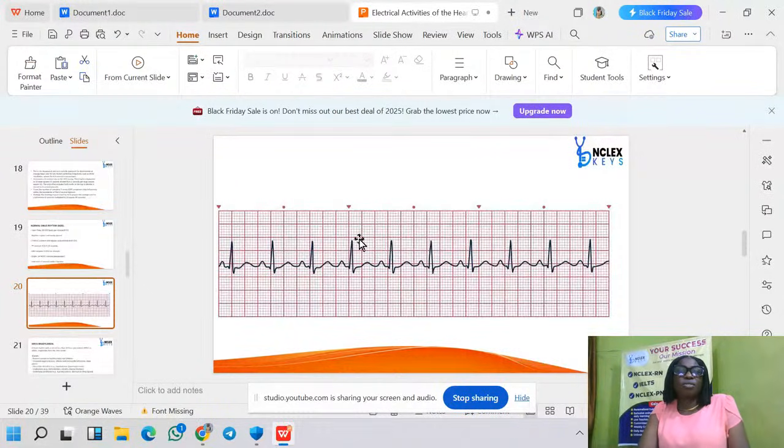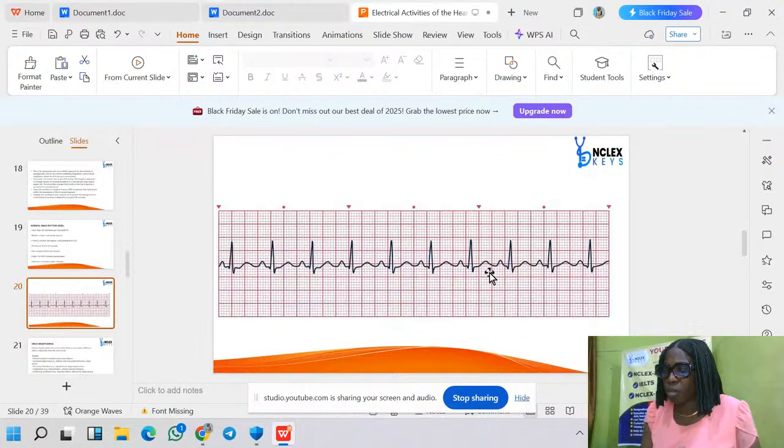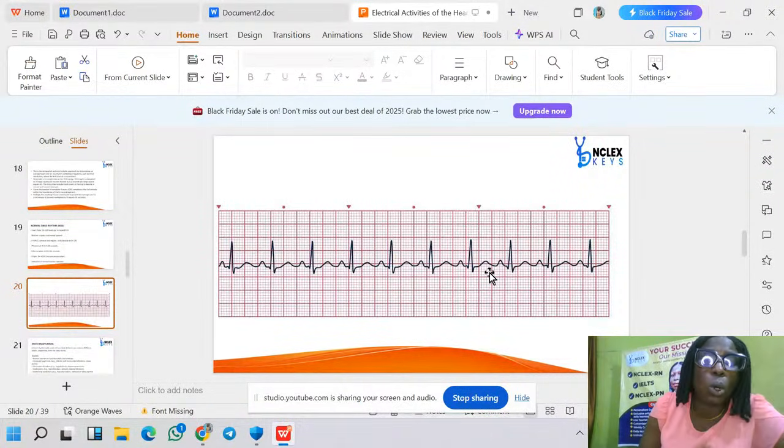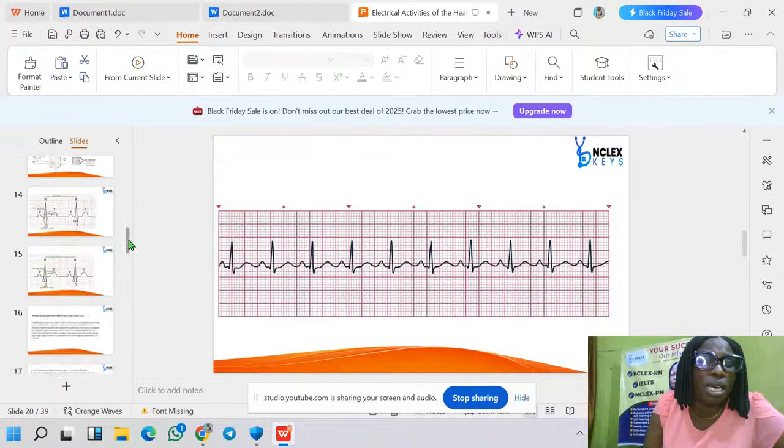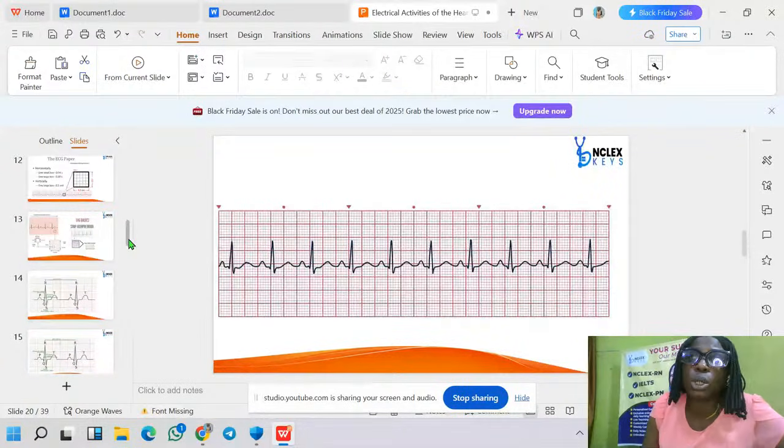If you have 4 big boxes here, 2 big boxes here, 3 here, you call that irregular reading. But when the boxes are constant, that is regular reading. So in identifying the parameters to read ECG, you have to look at the regularity, P and PR connection.